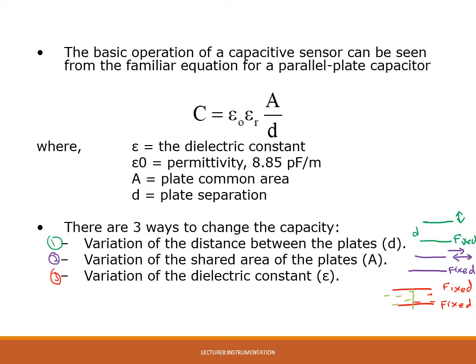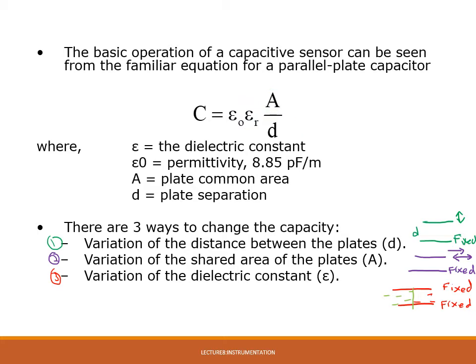Okay, so meaning here the capacitance will change by fixing the epsilon, fixing the area, but changing the distance. This is the first methodology, the first way.